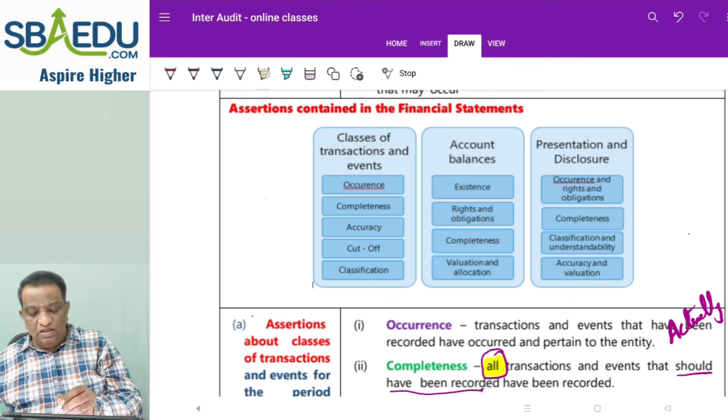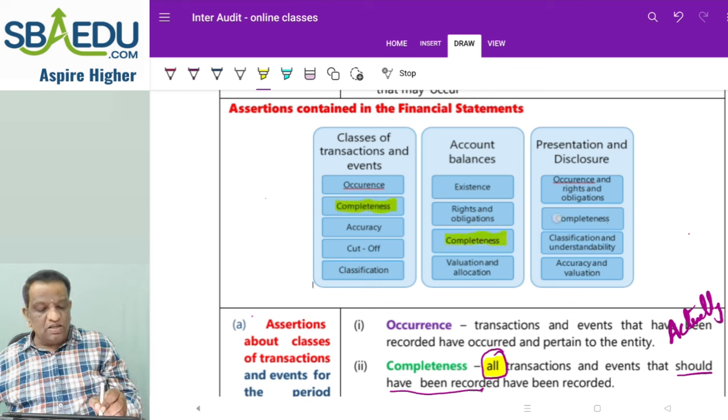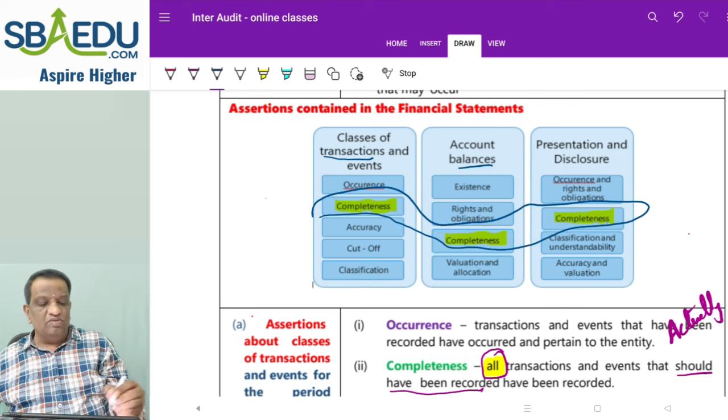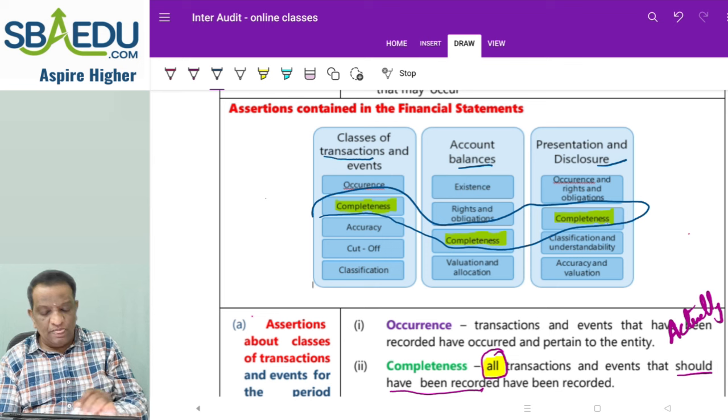If you notice, there is completeness here, completeness here, and completeness here. This itself is asked in examinations: which is the assertion common to transactions, account balances, and presentation and disclosure. So this is how you need to answer it.